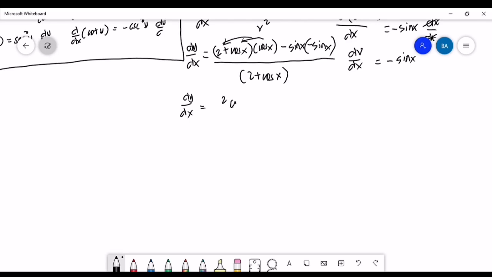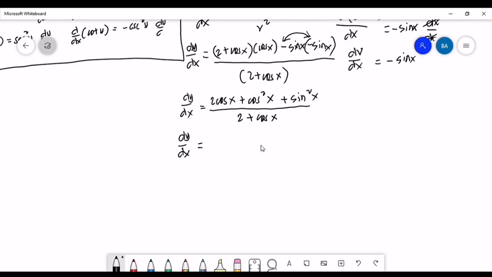So 2 cosine x plus cosine squared x, minus or plus sine squared x, because negative times negative is already positive. So divided by 2 plus cosine x.